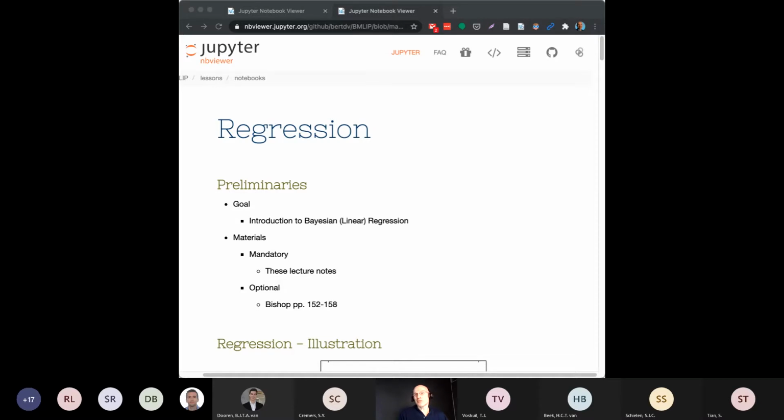And usually you do that with a neural net, and that's totally fine. In this class, I don't want to repeat that exercise. I want to show that supervised learning, regression, and on Friday classification, can always be done also in a Bayesian way. And there are a few advantages to the Bayesian way.